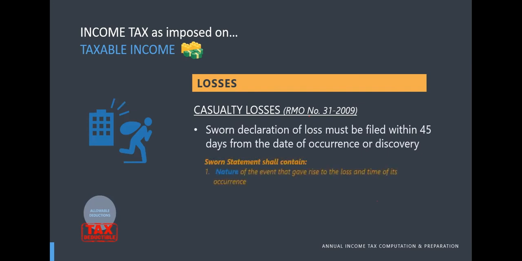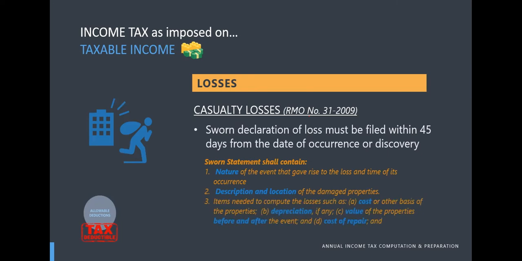The sworn statement shall contain the nature or event that gave rise to the loss at the time of its occurrence, the description and location of the damaged properties, and the items needed to compute the losses, such as how much is the cost of the property, how much is the depreciation expense, if there is any, in case of buildings, warehouses, etc., or cars, and the value of the properties before and after the event.